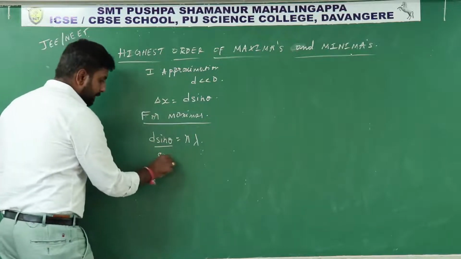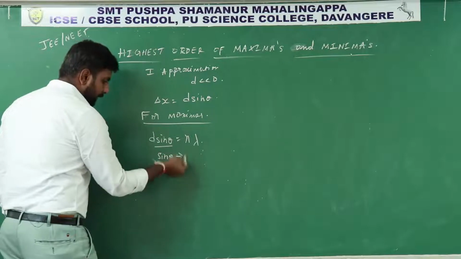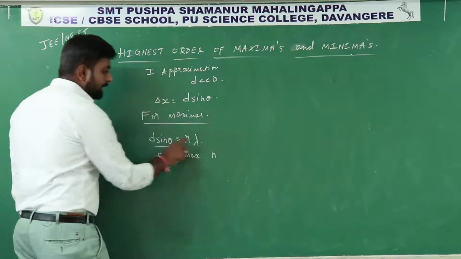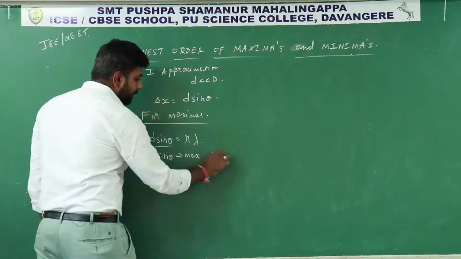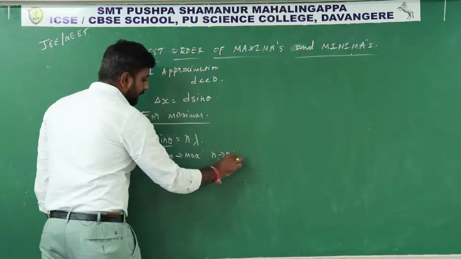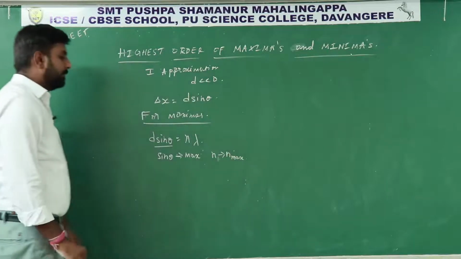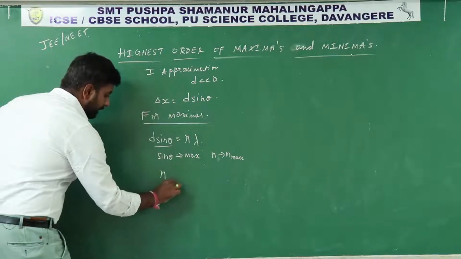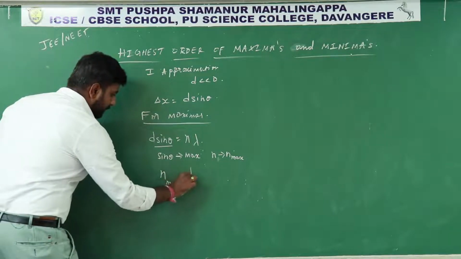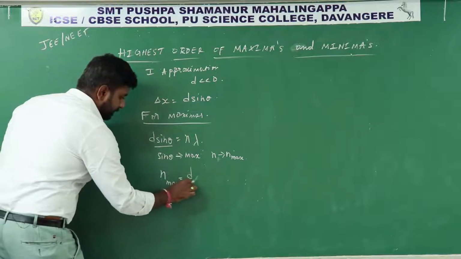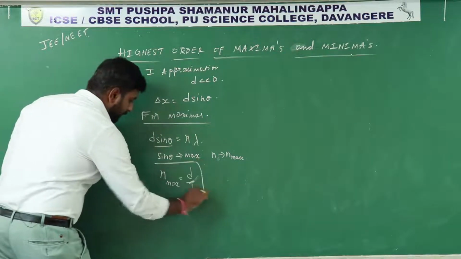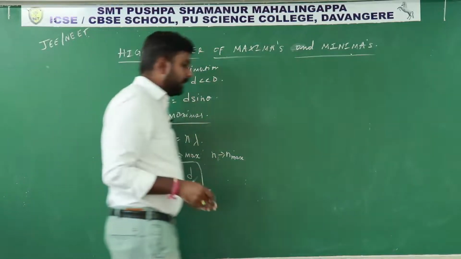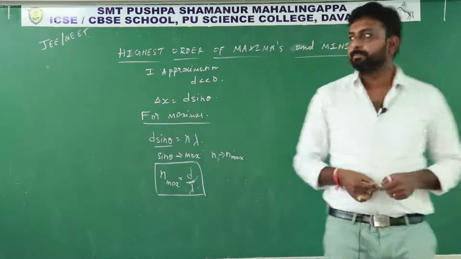Sin theta maximum value is 1, right? When sin theta is maximum, we can consider n also as maximum. Then in the place of n, I can write n maxima is equal to d by lambda. So this is the formula to find the nth order bright fringe.